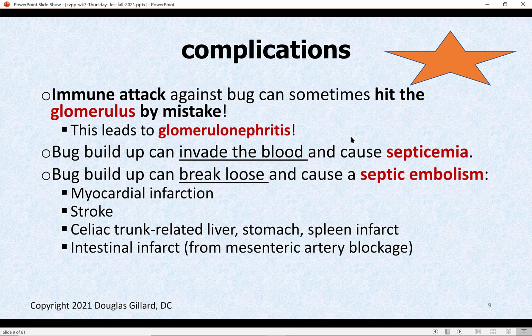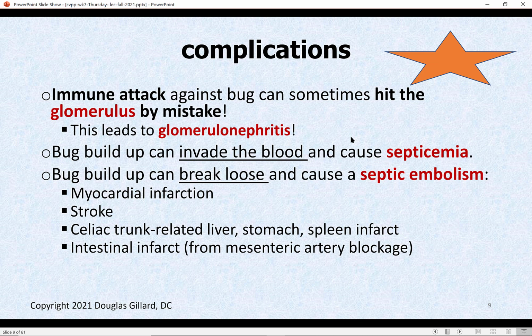What are the complications? An interesting complication that does occur, not super commonly, but it definitely occurs, is when the body starts attacking the Staph aureus, it also, for whatever reason, those antibodies mistake part of the glomerulus as a target, and they think the glomerulus is a Staph aureus, as strange as it sounds.